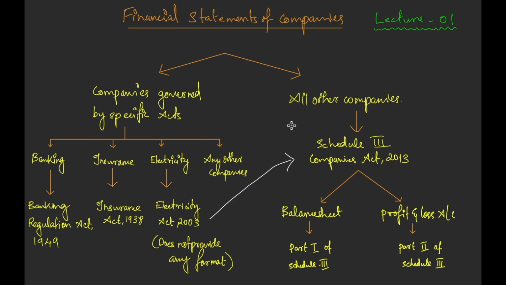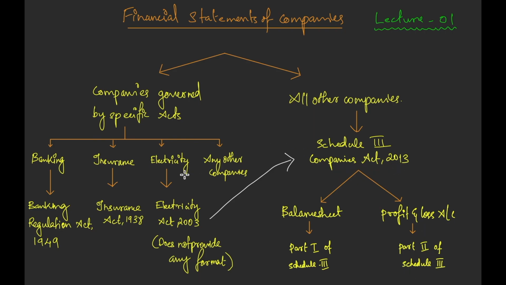And for all other companies, Schedule 3 of the Companies Act 2013 provides the format for balance sheet as well as the format for profit and loss account. The format for balance sheet is provided under Part 1 of Schedule 3, and the format for profit and loss account or statement of profit and loss is provided under Part 2 of Schedule 3 of Companies Act 2013.